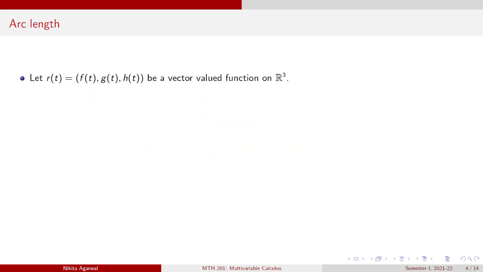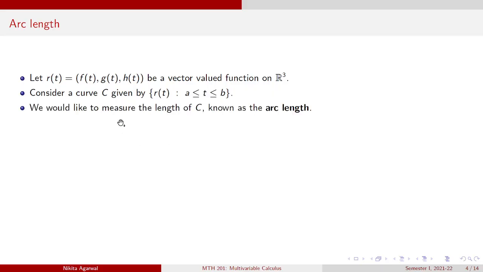So now let us define arc length. Let r(t) be a vector valued function on R3 with components f, g and h. You consider the curve C given by r(t) where t varies from a to b. So you are just looking at the image of this vector valued function restricted to the values of t from a to b.